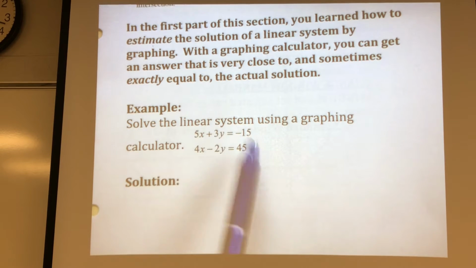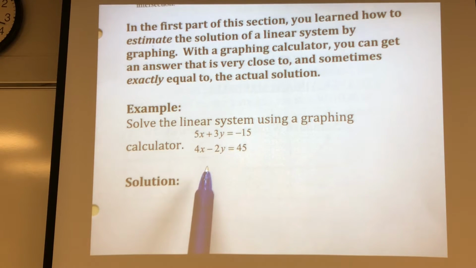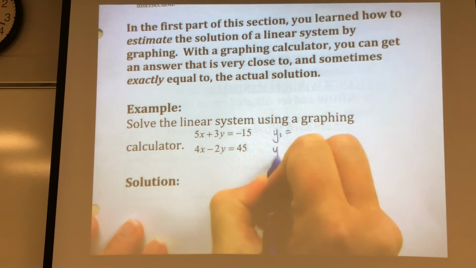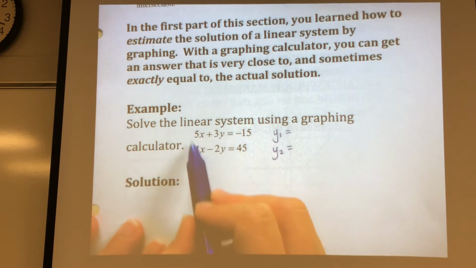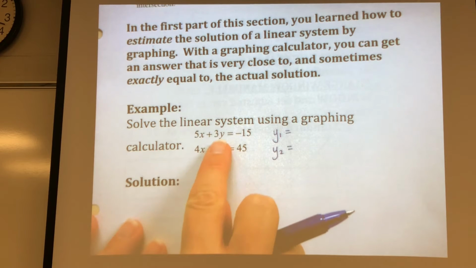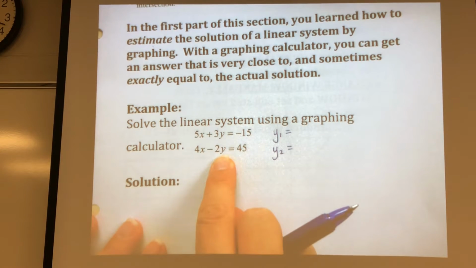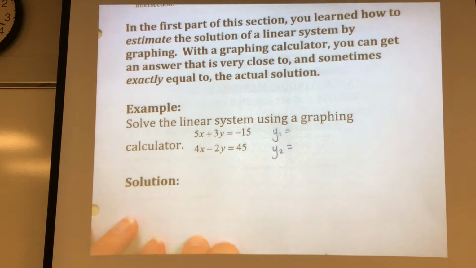So here we have this system. In order to be able to put it into our graphing calculator, we have to solve this system for y, because you're familiar with the y equals part on our graphing calculator. So we have to solve this so that the y is by itself, so we can substitute it into y1, and solve this one so the y is by itself to substitute it into y2.